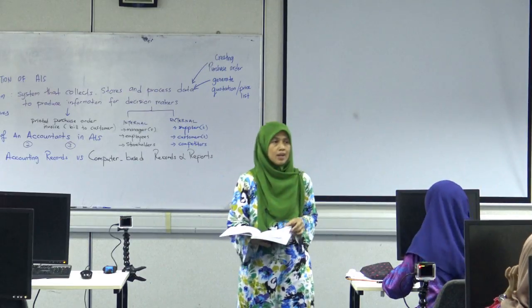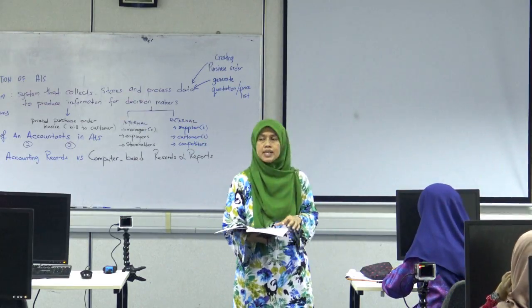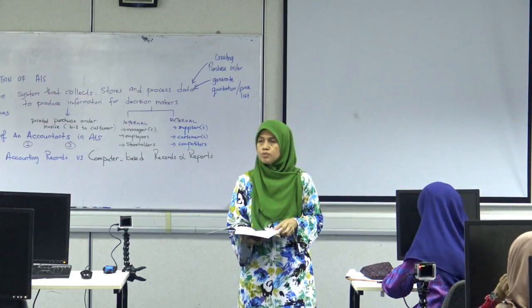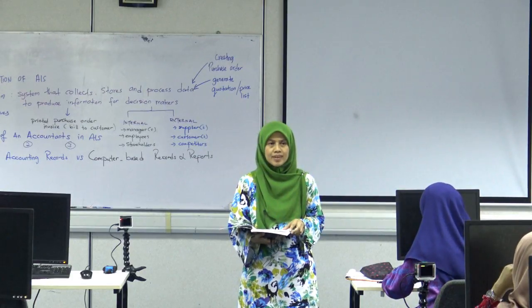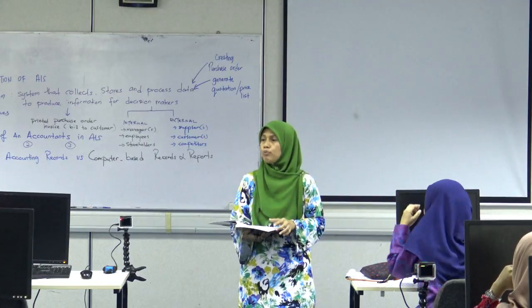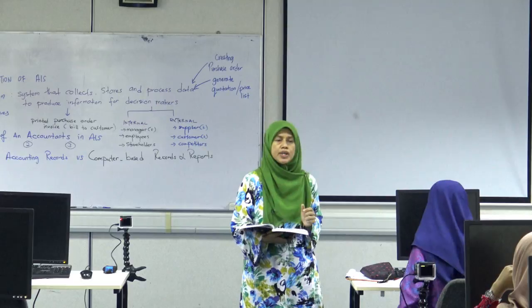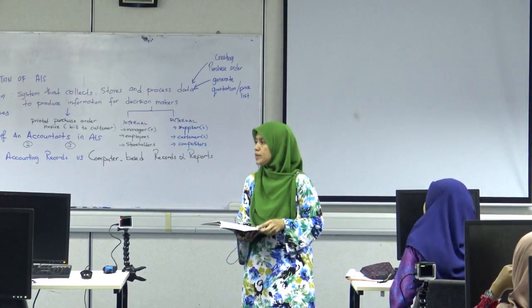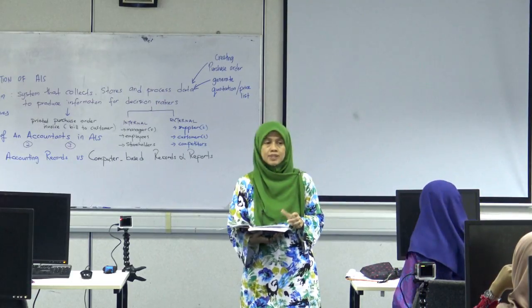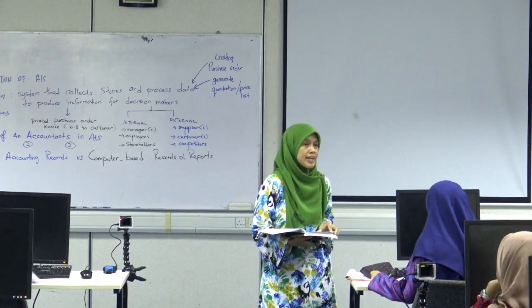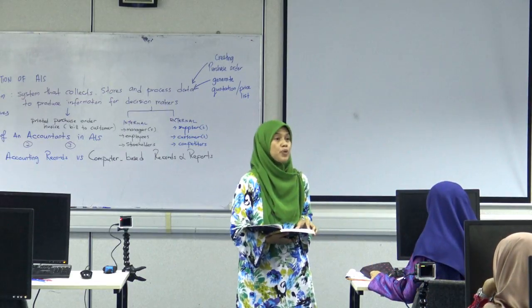Can you recall how you process the purchase of your goods for resale? You first need to fill up a purchase requisition. With the purchase requisition, the business people, the procurement side, will generate a purchase order for you.